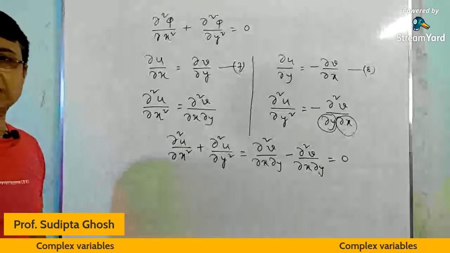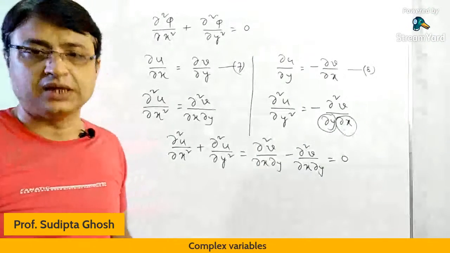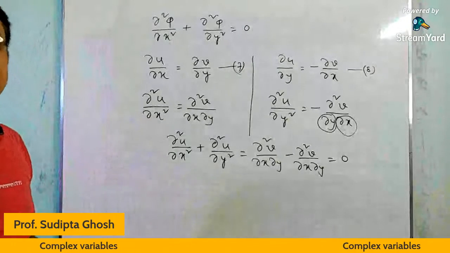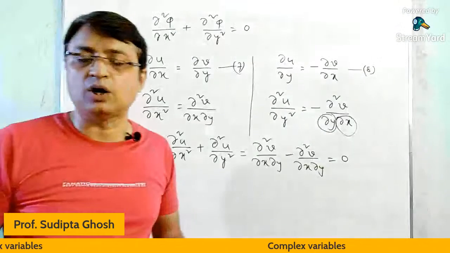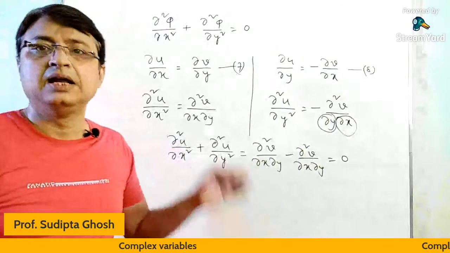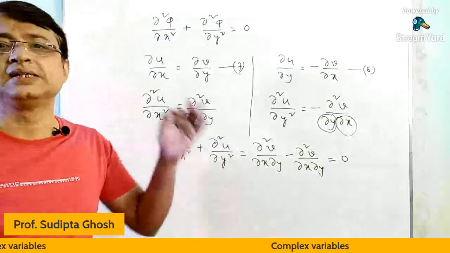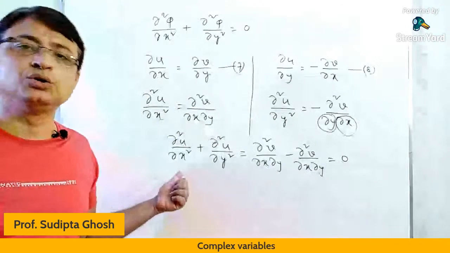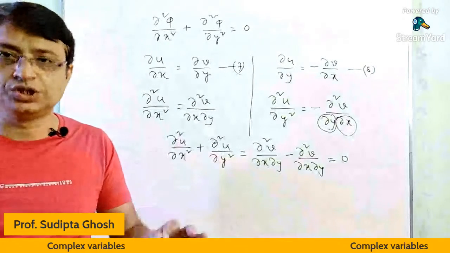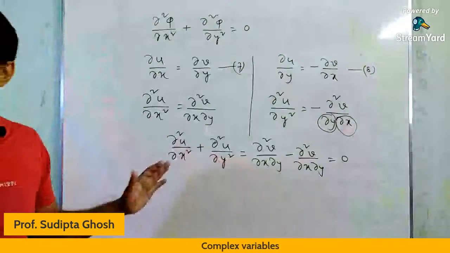This is the first property of analytic functions: the real and imaginary parts of any analytic function must satisfy Laplace's equation in two dimensions, that is, del 2u/del x2 plus del 2u/del y2 equals 0. So the first property is proved.